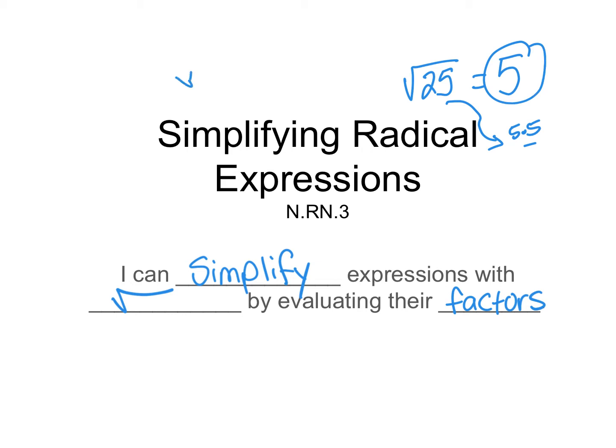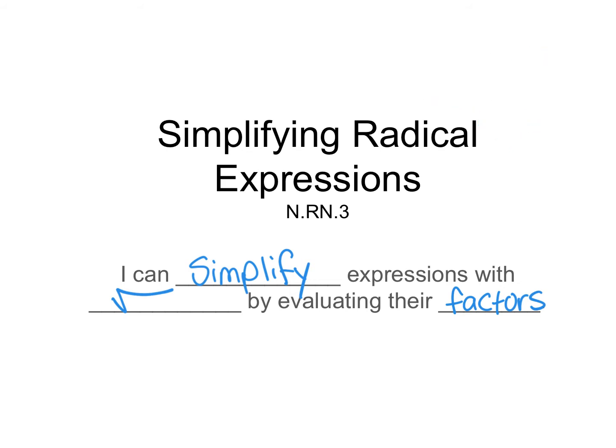If you had something like the square root of 16, well, 4 times 4 is 16. So the square root of 16 is 4. The purpose of our lesson today is not to evaluate perfect numbers like 16 and 25, but to learn what to do in situations where you have something that doesn't have an integer that multiplies by itself to give it. Something like, for example, the square root of 20. You can't multiply anything by itself, not a whole number anyway, to get 20.